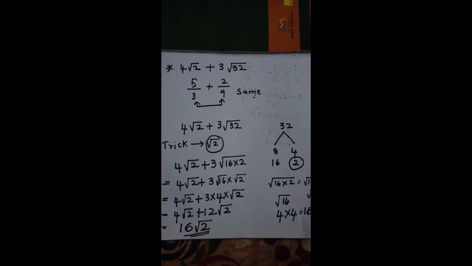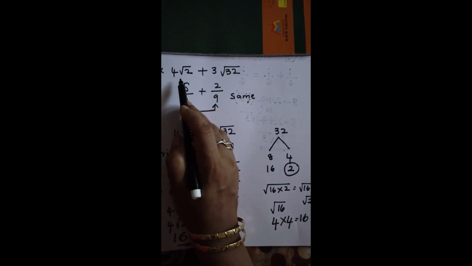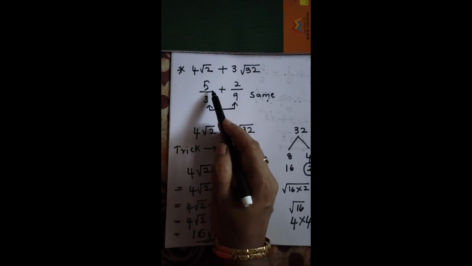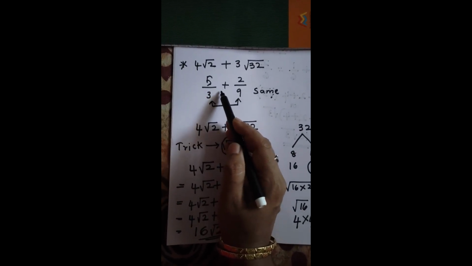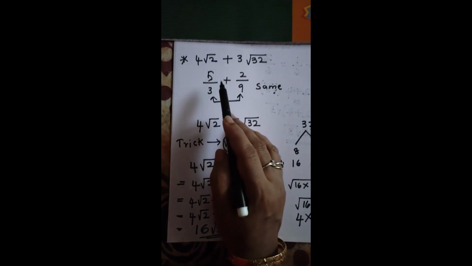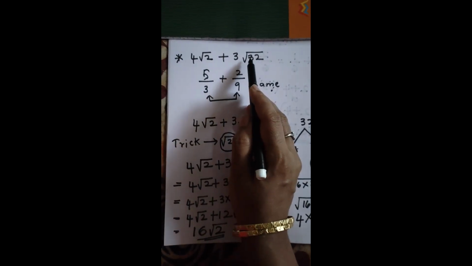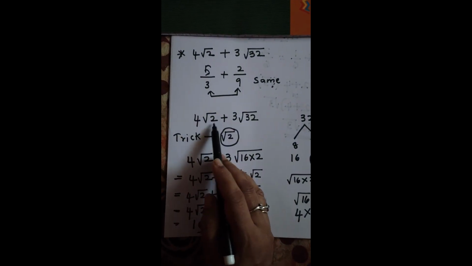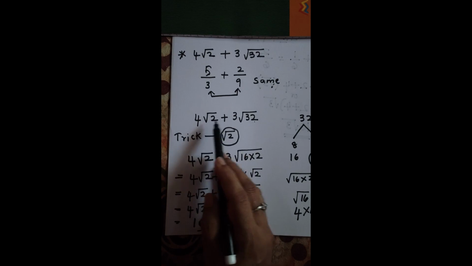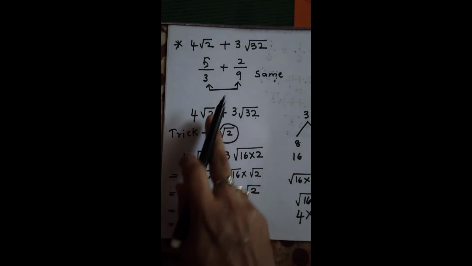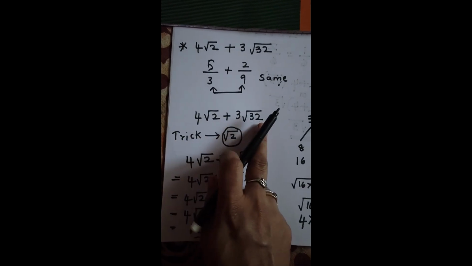So once again I'll explain. 4 root 2 plus 3 root 32. When you do fraction addition, subtraction and all, you take the denominator same. The same way you have to keep these roots same. One trick I'll give you: take the smallest number between these two roots.